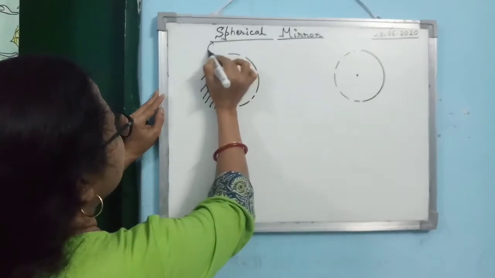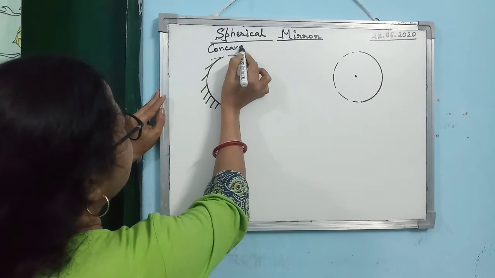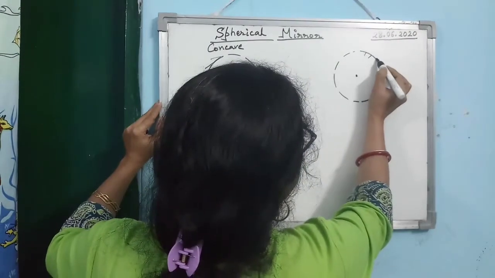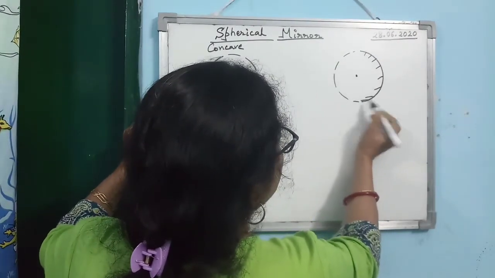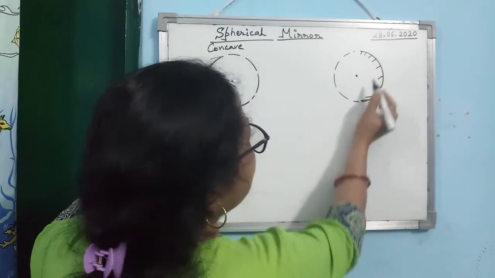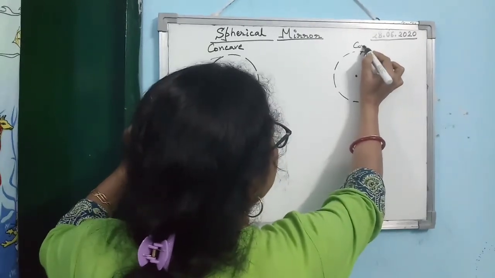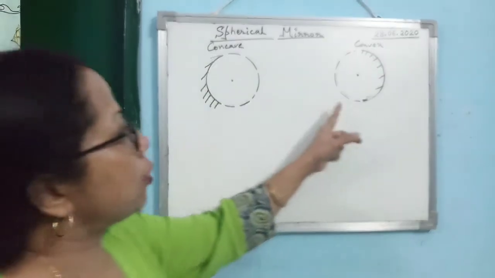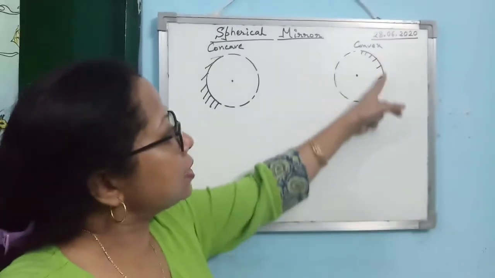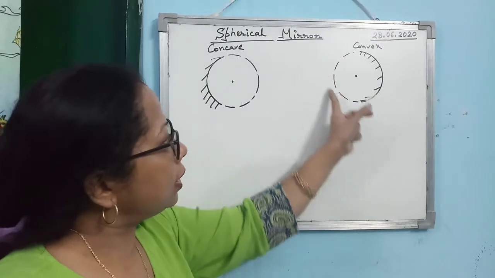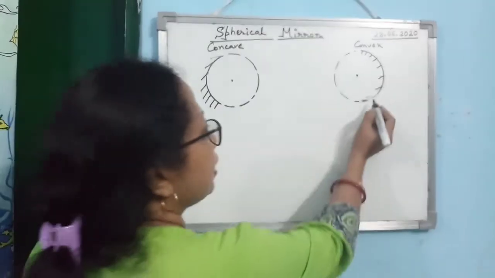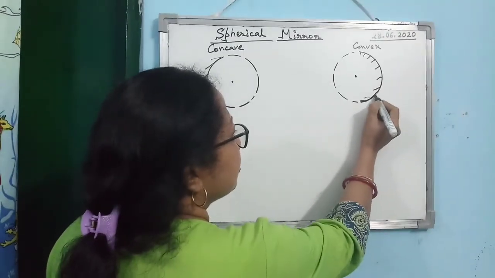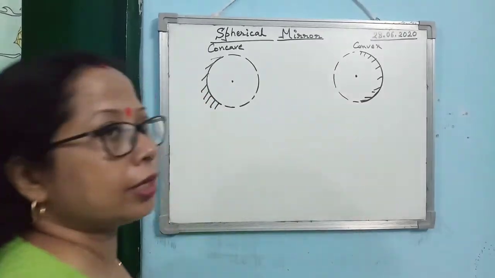This is a concave mirror, and this one is a convex mirror. So here you see the shaded portion is the mirror. Alright, because the rest of the part I have drawn by dotted line, means I just want to represent that this mirror is the part of this entire sphere.